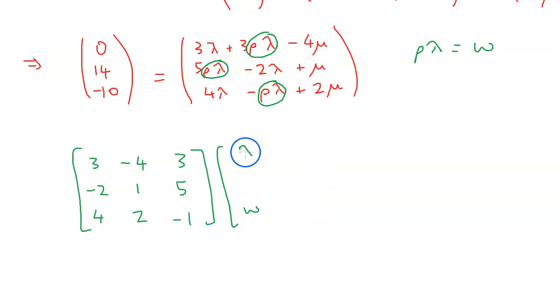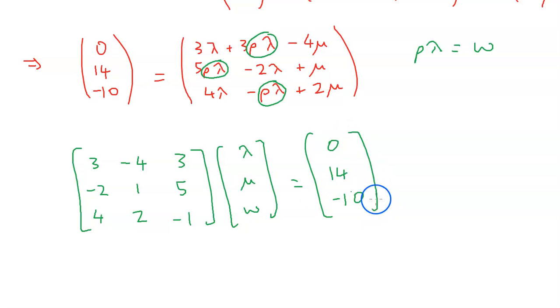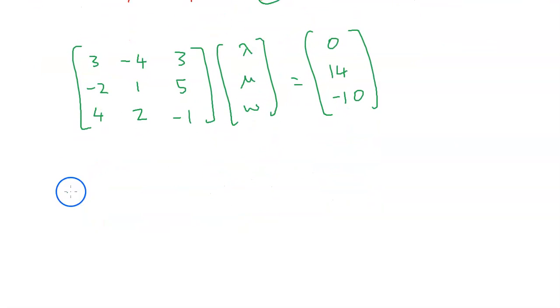So lambda, mu, w is equal to (0, 14, -10). You can solve this however you like. You can use matrix inversion if you want, but it's probably just faster to do this on the calculator.